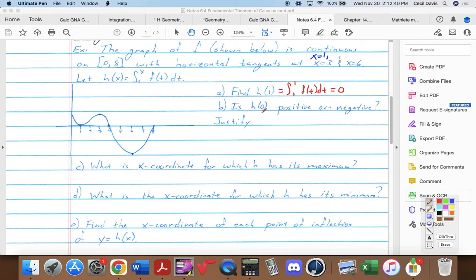All right, next, is h of 0 positive or negative? Justify. That means write a sentence or two. Well, h of 0, again, using the definitions that they've given me, is the integral from 1 to 0 of f of t dt.